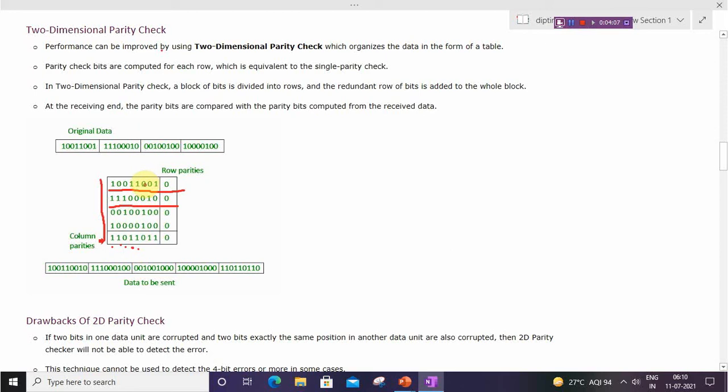And for the sixth there are two 1s, so the parity bit will be 0.